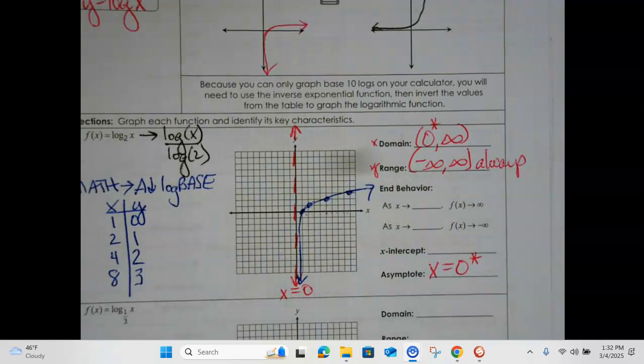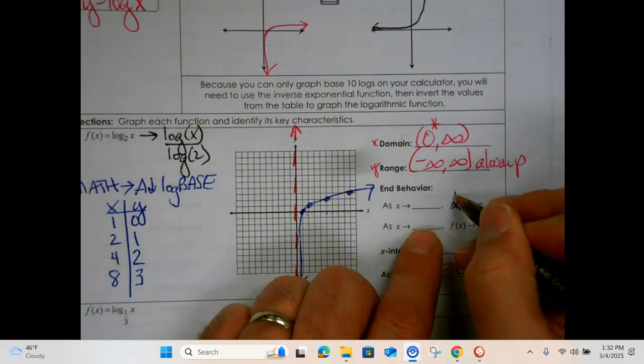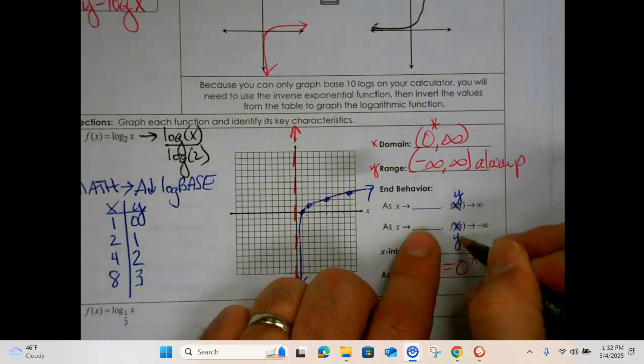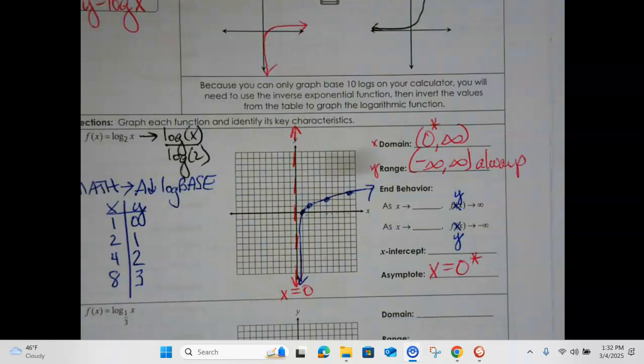And so for other things like end behavior, you're like, wait a minute, what the heck? Remember, f of x is just y equals. So when we were doing end behavior before, we were always talking about arrow to the left, arrow to the right.